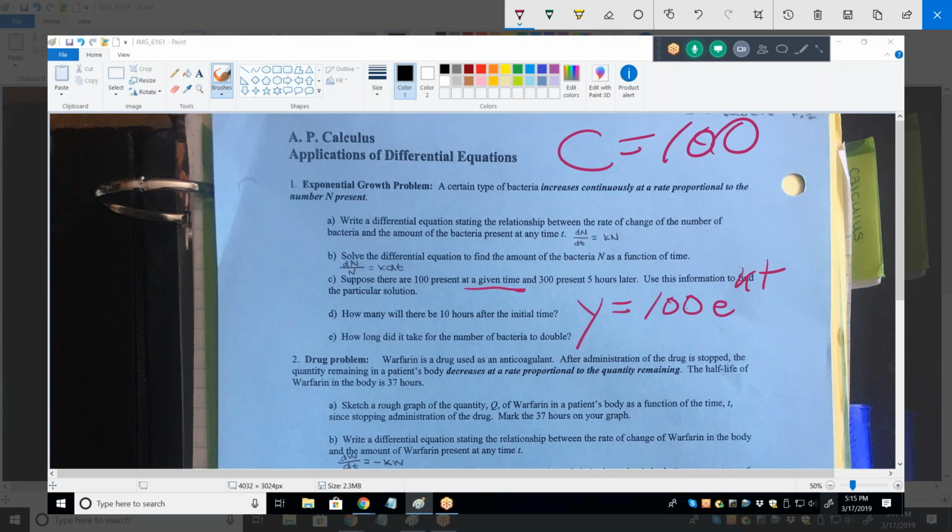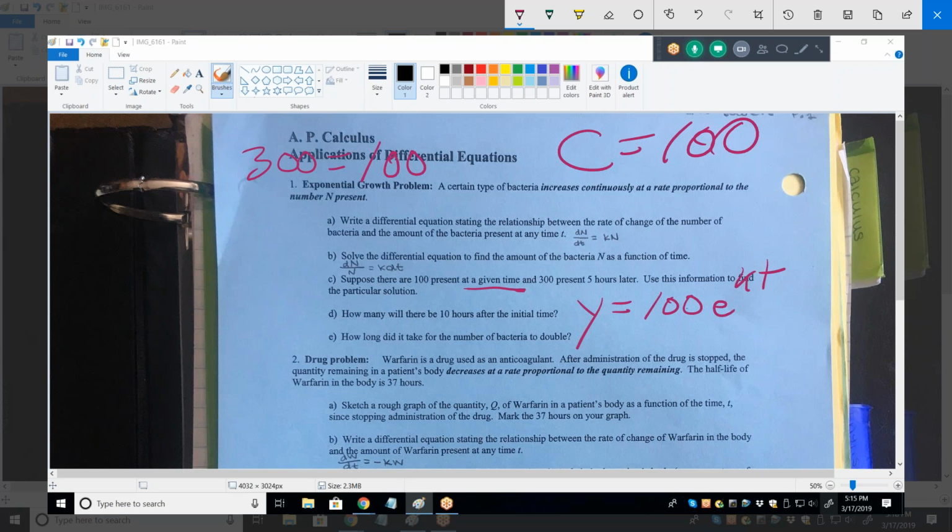Now, 5 hours later, there are 300. So what's the next equation I can write? Remember, y is the amount that there is. We know C is 100, regardless of how many hours have passed.